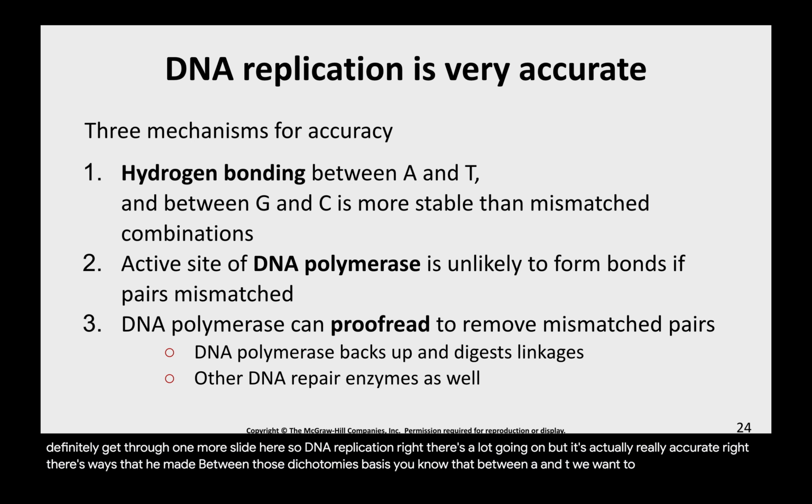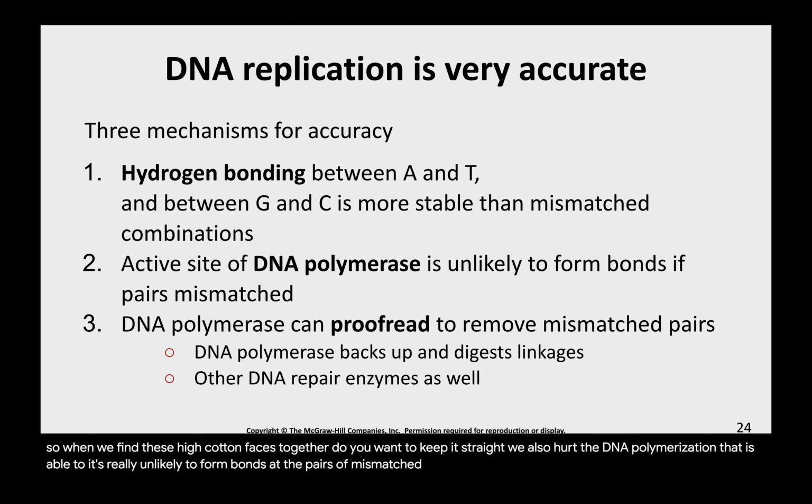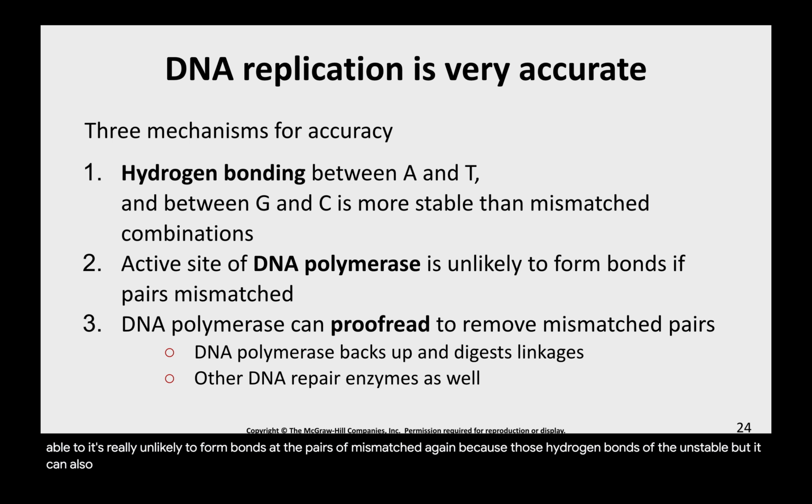So if there's a mismatch in how they're binding together, those hydrogen bonds are just not going to be as stable, right? So when we bind these nitrogenous bases together, we really want to keep it stable. We also have this DNA polymerase molecule that is able to proofread, right? It's really unlikely to form bonds if the pairs are mismatched, again, because those hydrogen bonds would be unstable. But it can also remove any mismatched pairs that it might have made.